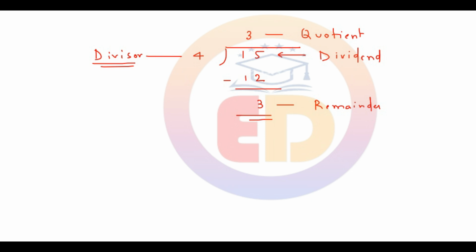Now from this we have a formula of dividend. The formula of dividend is divisor into quotient plus remainder.